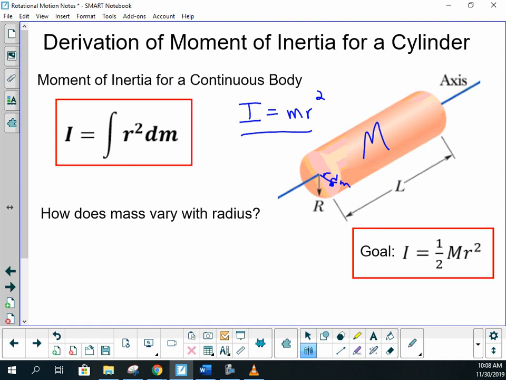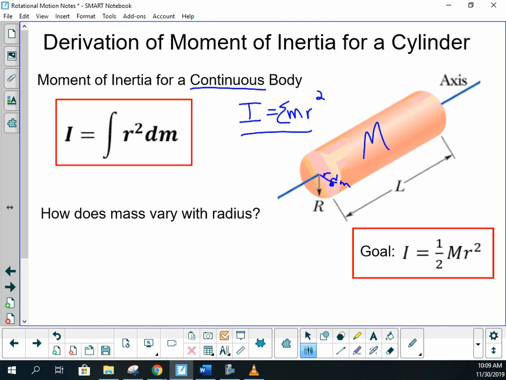Now, what we really have to do is add up lots of those little mass bits, so that's where that sigma comes from in the statement. If we have individual small particles, we can just add those up. But if we have a continuous body, meaning a solid object, we're going to have to integrate. Remember, what does integrate mean? It means to add up. Think integrate, think add up.